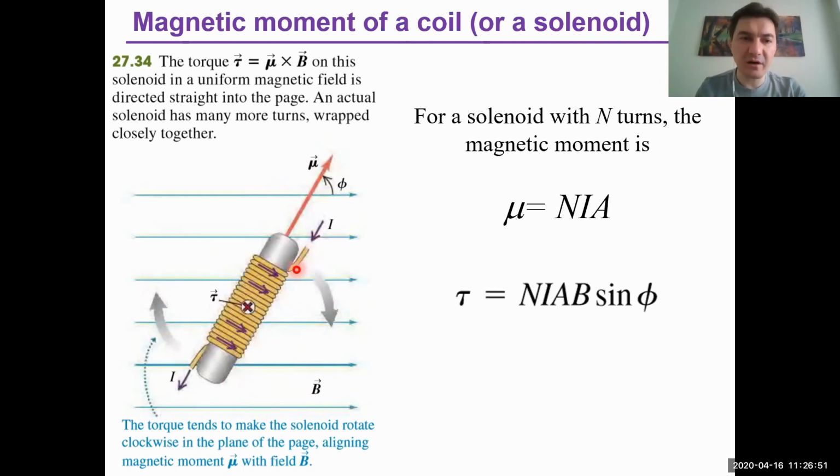You drive current in that direction, and then you have many turns. Here, N shows the number of turns, how many loops we have.